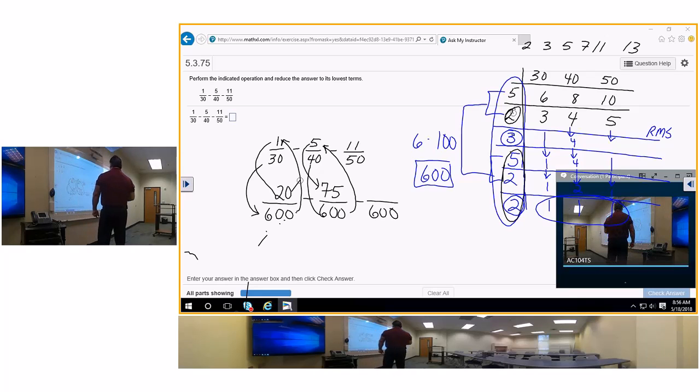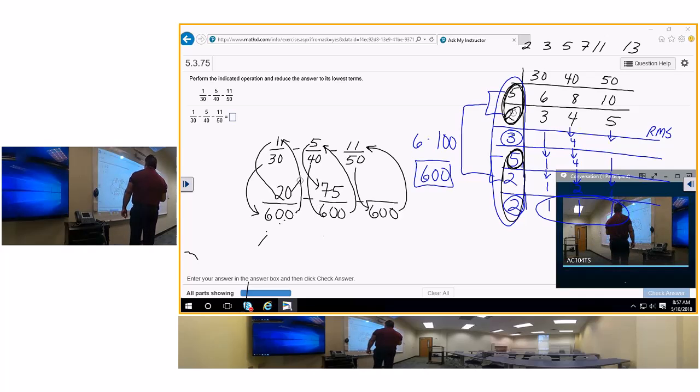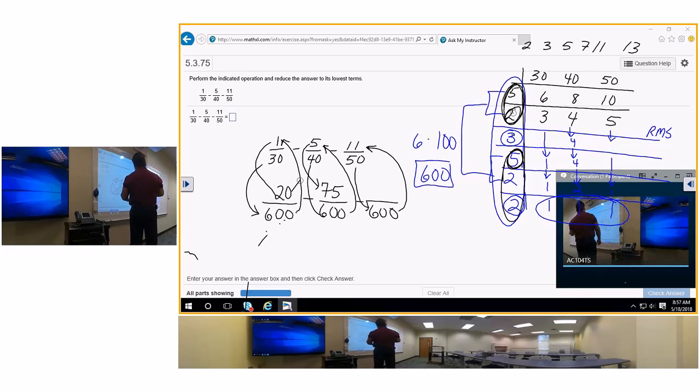And then go back over here and say, how many times will 50? Well, where's 50? Well, 50 is 5 times 10. So that will leave 3 times 4 is 12. So you got 50 will go into 600 12 times. And 12 times 11, well, 12 times 10 will be 120.